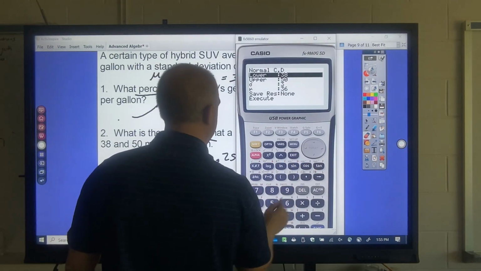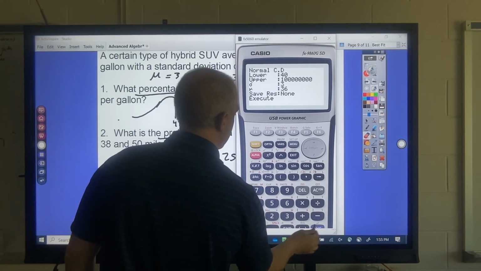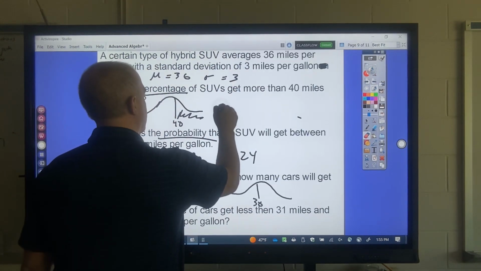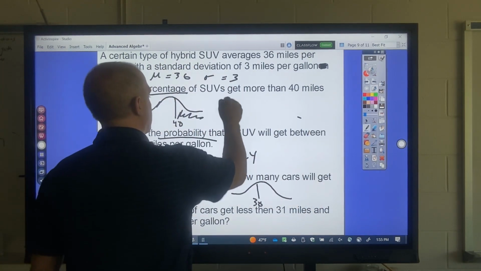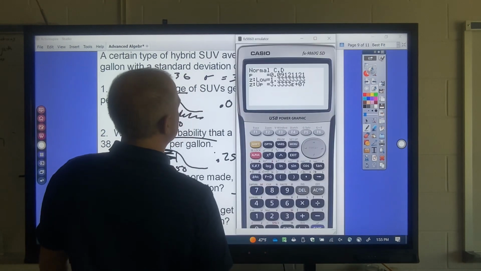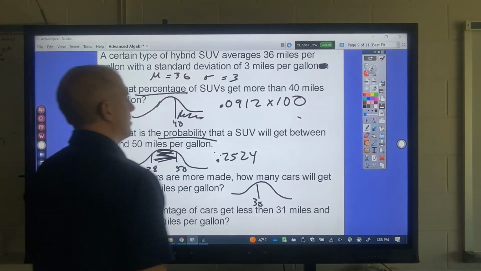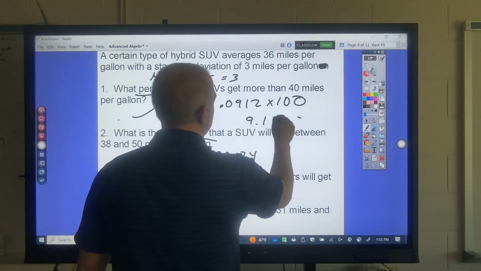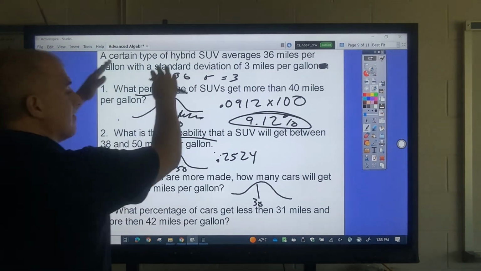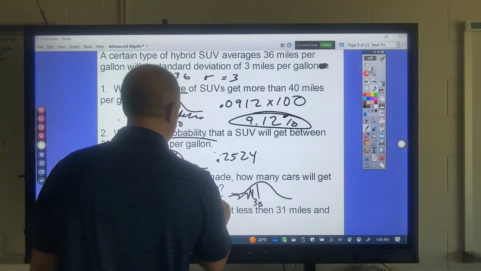That would be 40, and then 0.0912. 0.0912 times 100 would be 9.12%. And ironically, that goes opposite of the other one because think about it, the whole area is 100%. So less than, this one would be the negative infinity one. Sorry about that.